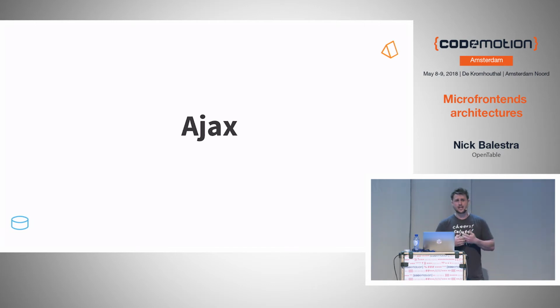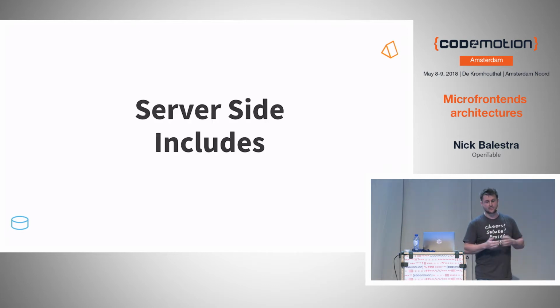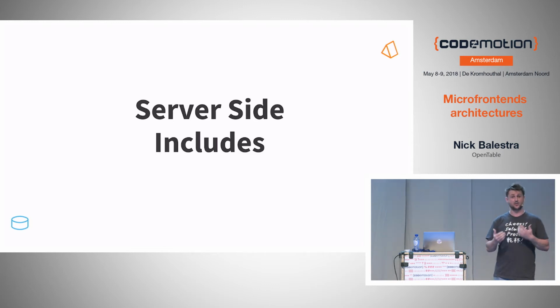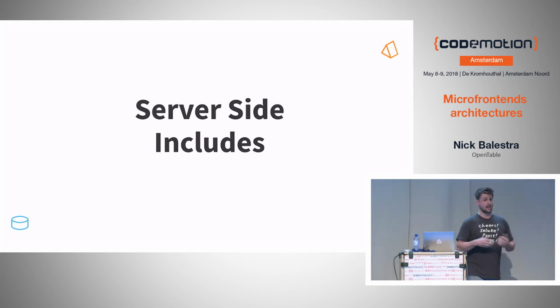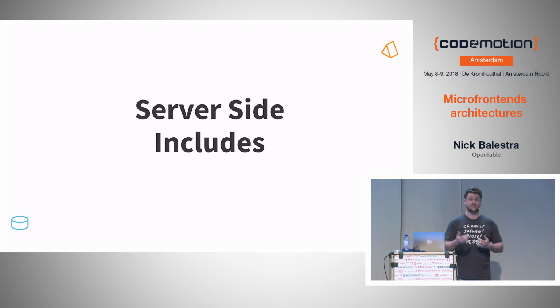But what about if we want to do server-side rendering? Sometimes it could be needed. Well, there could be things like server-side includes, but they're very specific to some kind of platform and framework that you can use in your infrastructure. The pro, of course, is that you can have server-side rendering.